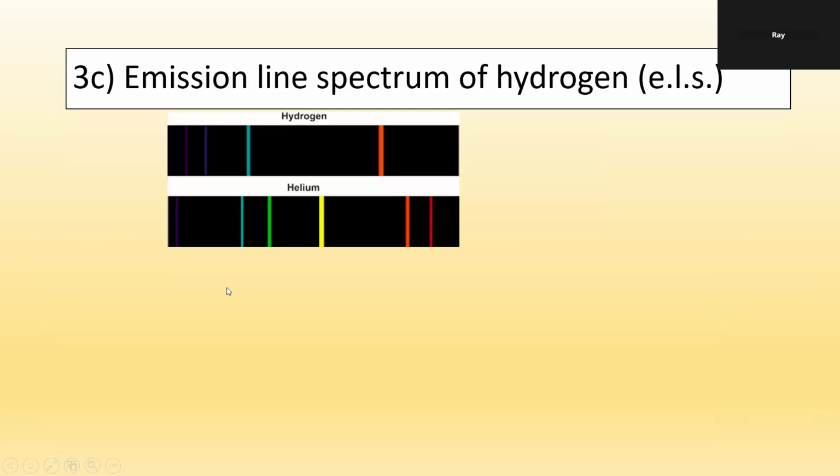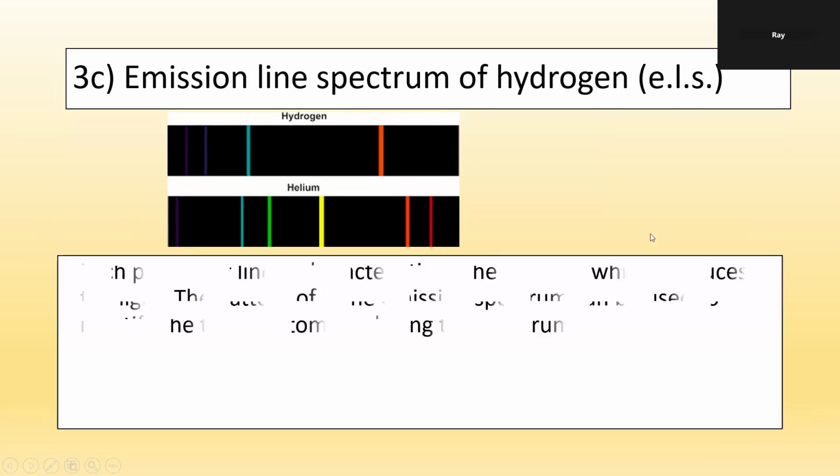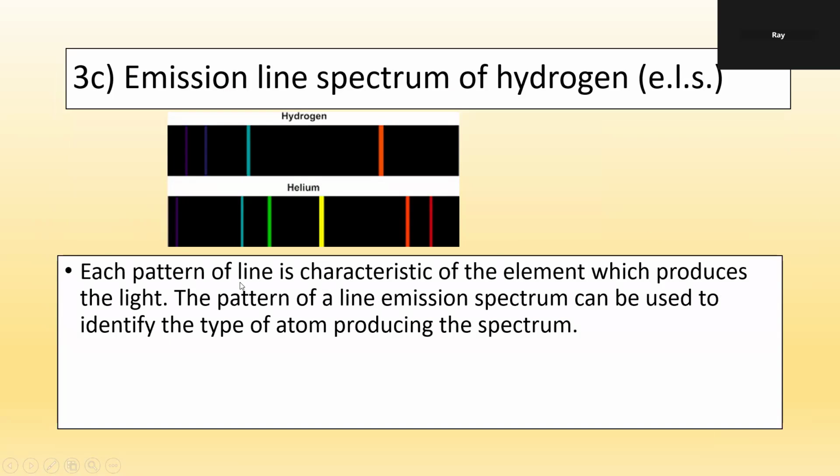Emission line spectrum of hydrogen, right, ELS. Each pattern of lines is characteristic of the element which produces the light. You can see helium and hydrogen have completely different spectra. This is hydrogen, this one is helium.